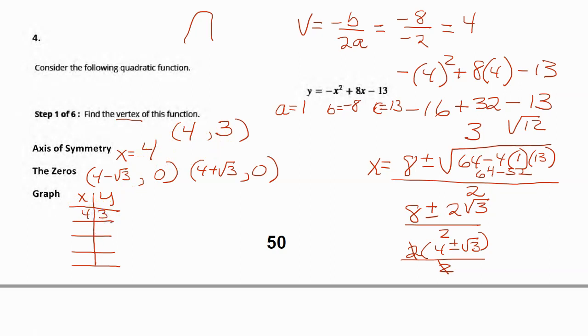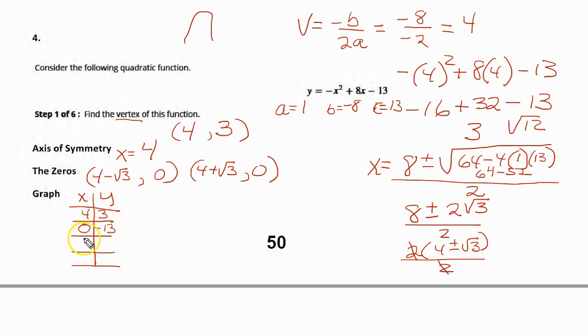Now, we have our x-intercepts here, but let's look for our y-intercept where x is 0. What would y be? Well, if we go to our equation and x is 0, this is 0, this is 0, this will be a negative 13. And then that's a new point.